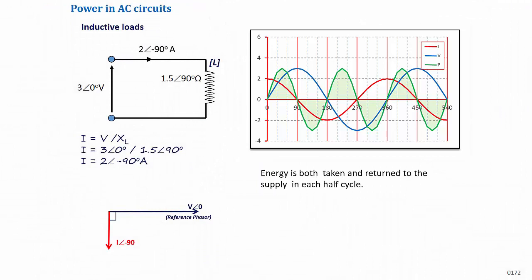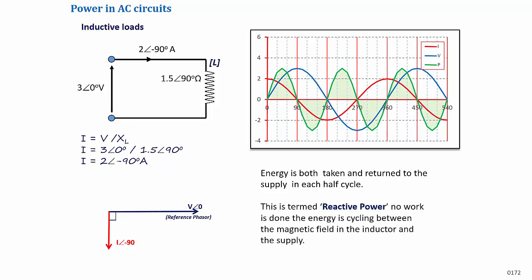In this case, energy is being both drawn and returned to the supply in each half cycle. This is termed reactive power. No work is done, the energy is simply cycling to and from the magnetic field in the inductor.